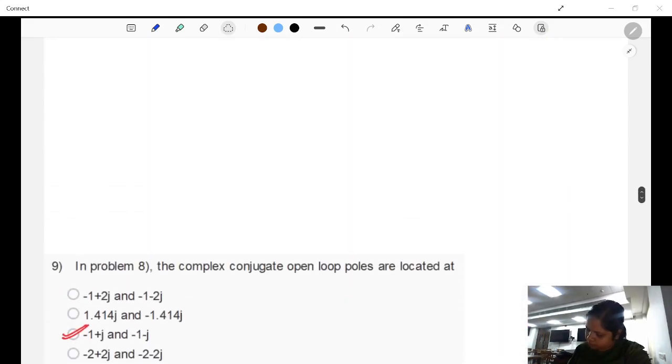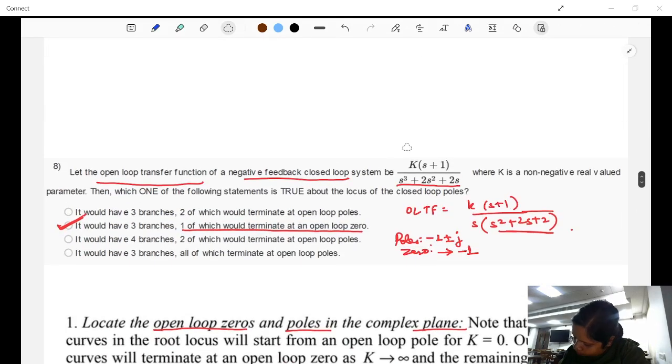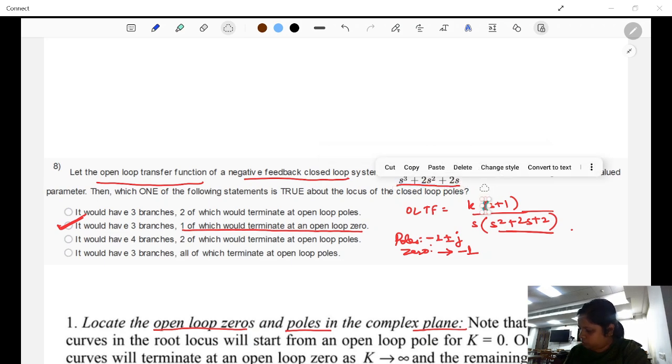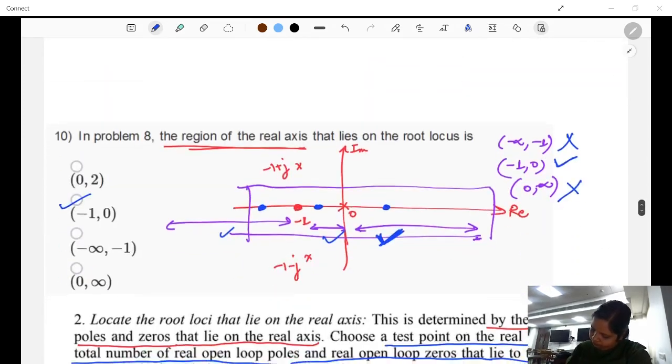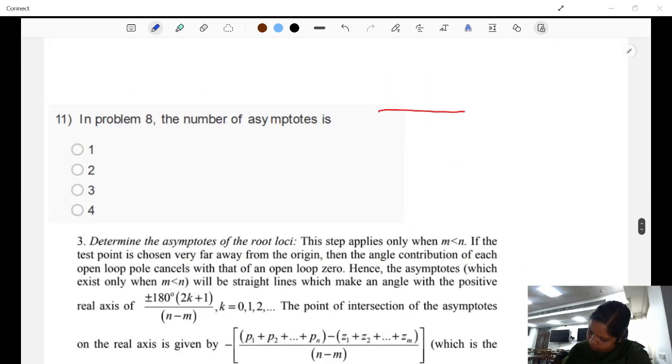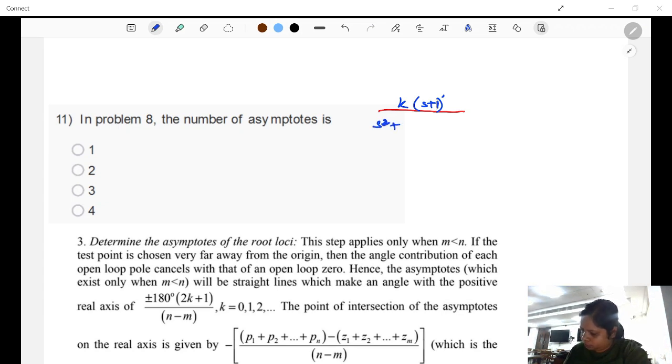Did not get copied. Okay. So I'll write it down. Ks was +1. Right? What is the number of asymptotes?